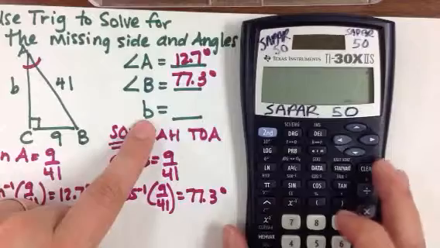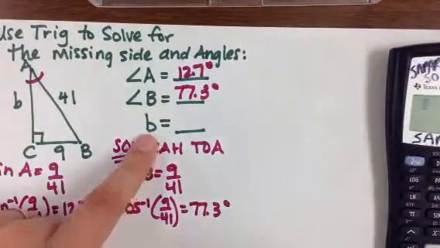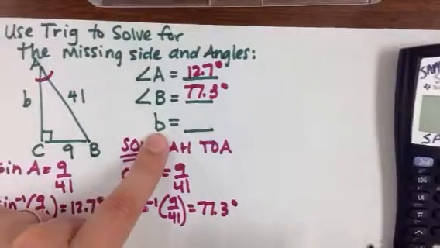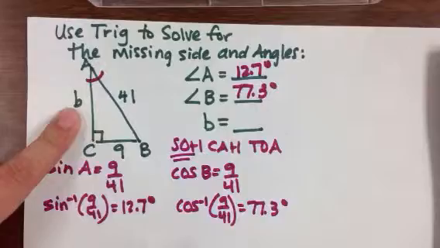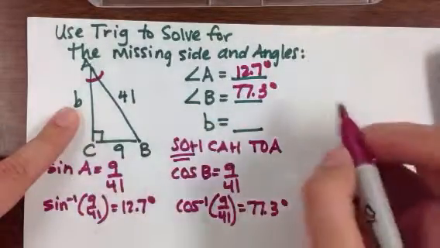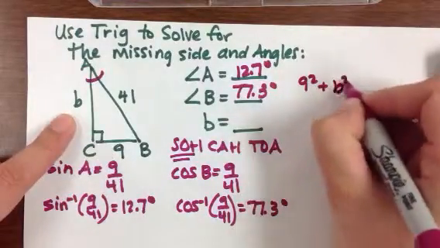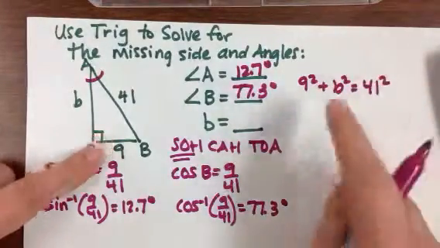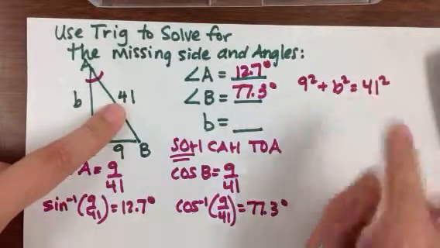So the last side is b. Now again, we could think back to Algebra 1 class and geometry, and we know the Pythagorean Theorem. If I know two sides of a right triangle, I can find the third side. So we'll solve it both ways, using trig and using the Pythagorean Theorem. Here I have 9 squared plus b squared equals 41 squared. I am missing the length of a leg, and I have a hypotenuse.